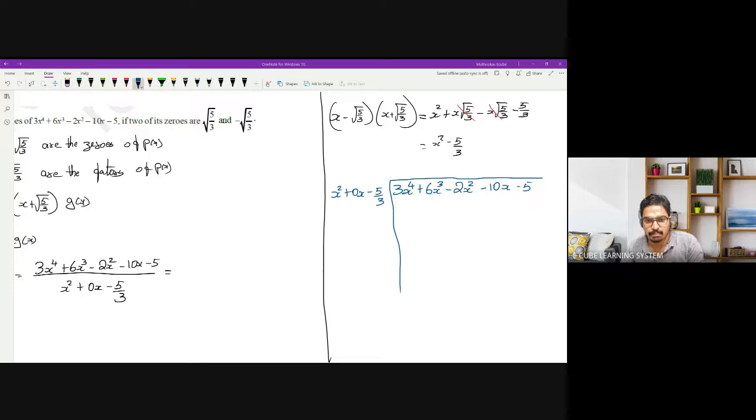If division is completed and g of x is obtained, we can factorize g of x and find the new zeros. If the question is completed, you can move to question number 5 now.